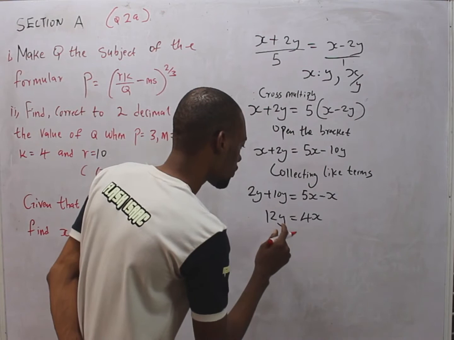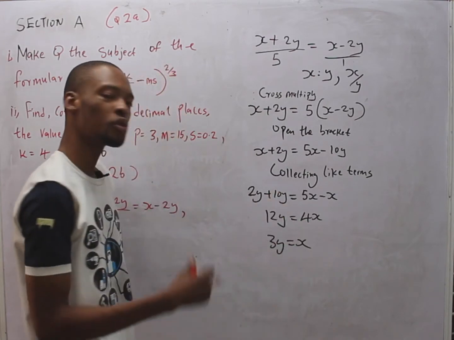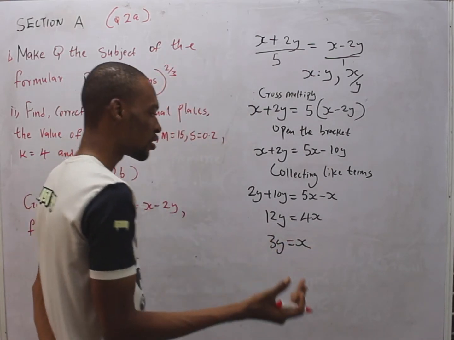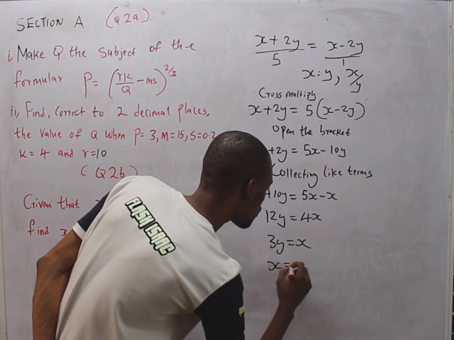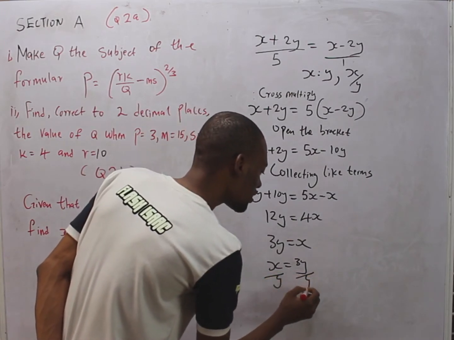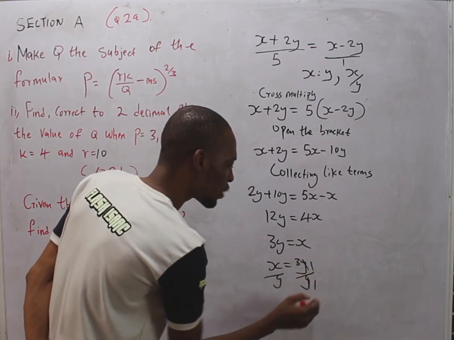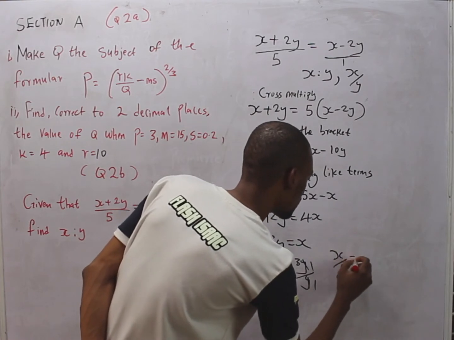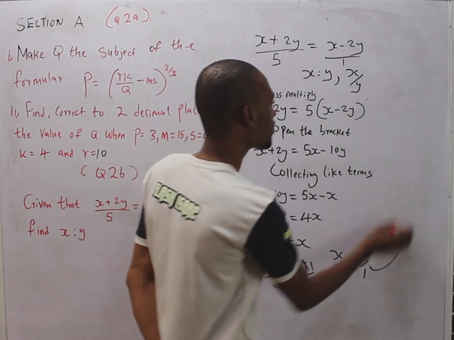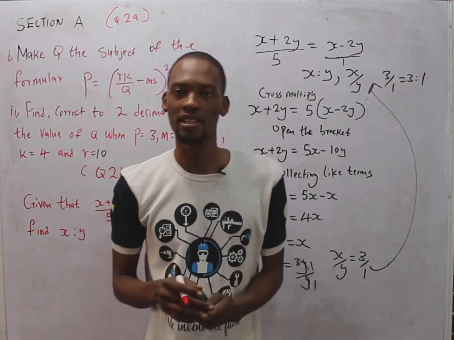This is the same thing as 3Y is equal to S. We divide both sides by 4 to break down the equation. Given S is equal to 3Y, let's divide both sides by Y: S over Y, then 3Y divided by Y. So here, Y divided by Y is 1. Therefore, S over Y is equal to 3 over 1. This means S is 3 and Y is 1. So S ratio Y is 3 over 1, which is 3 ratio 1. 3 ratio 1 is the correct answer.